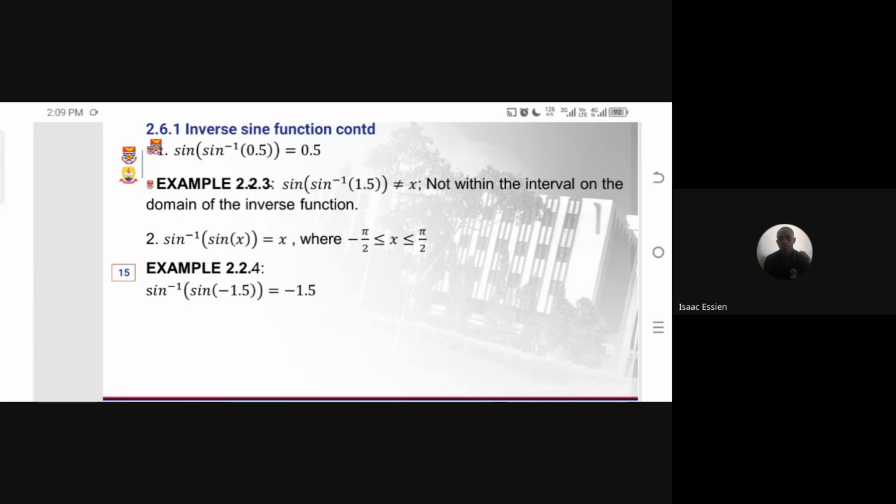But look at the second example. If you have a calculator, punch in sine of sine inverse of 1.5 and let's see what we get. If you get an answer, let me know. Are we getting an answer for that?